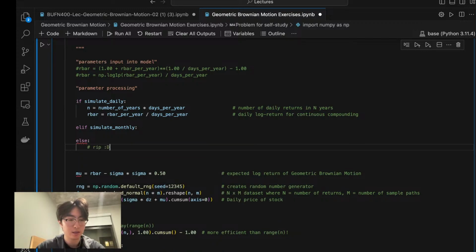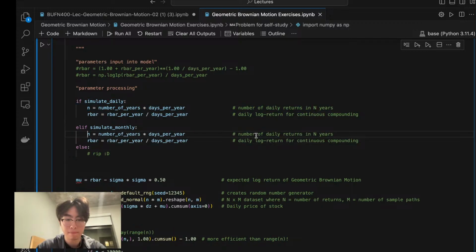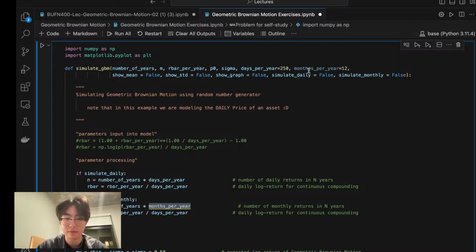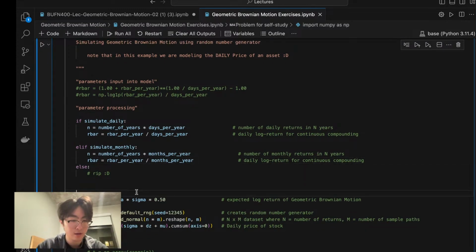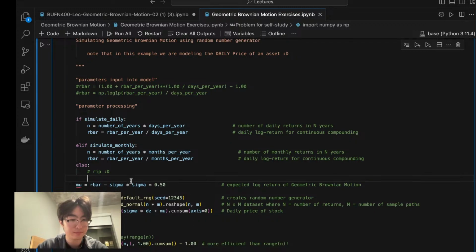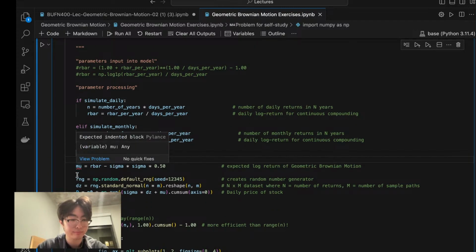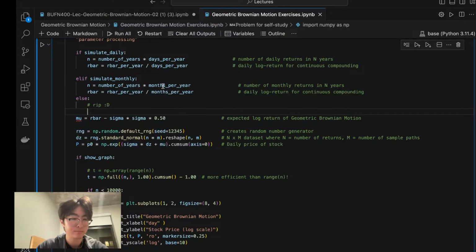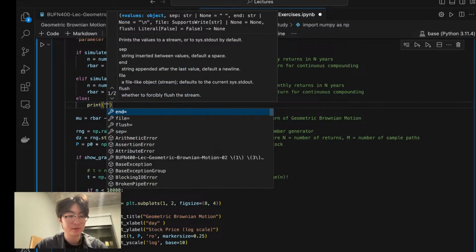Okay. Number of monthly returns, number of years times months per year. I feel like it's how you spell months. Alright, okay. By months per year. Okay. Print.